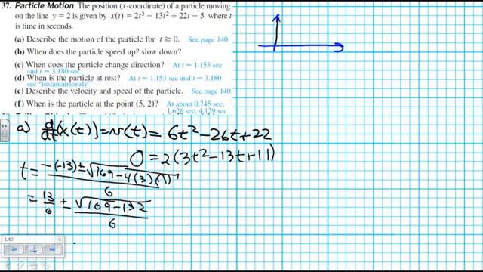All right, so it's 13/6 plus or minus the square root of 37 over 6. Well, the square root of 37 is a little bit over 6, so both of those answers are positive. Would you agree?